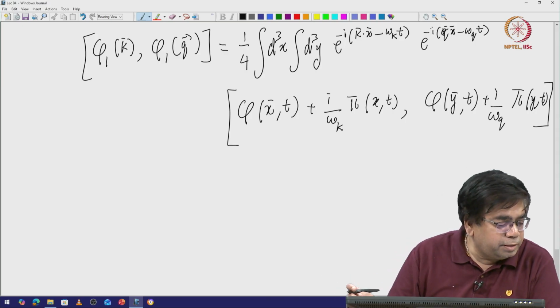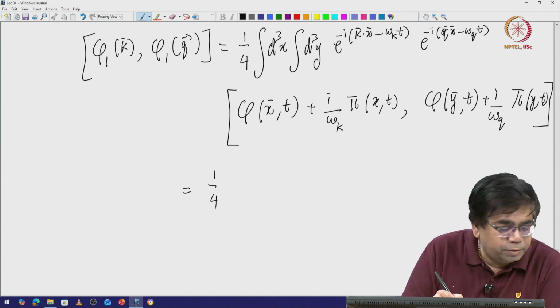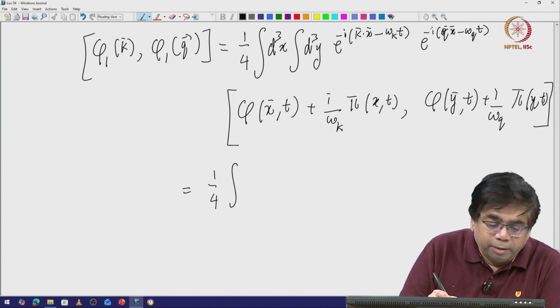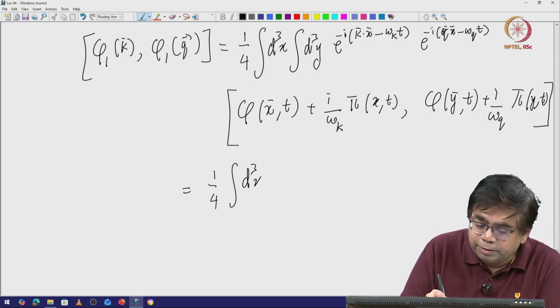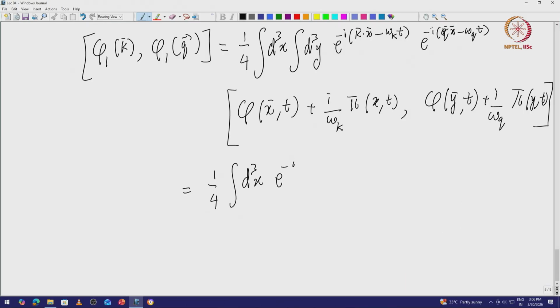Now, you can evaluate this and you will end up with the relation, essentially, 1 by 4, h cross is equal to 1, and everything, integral d cube of x, e to the minus i, k plus q dot x bar minus omega plus omega q times t.